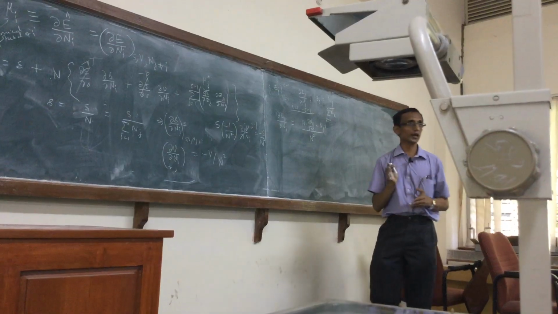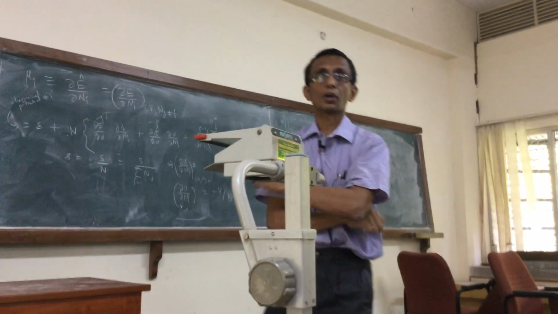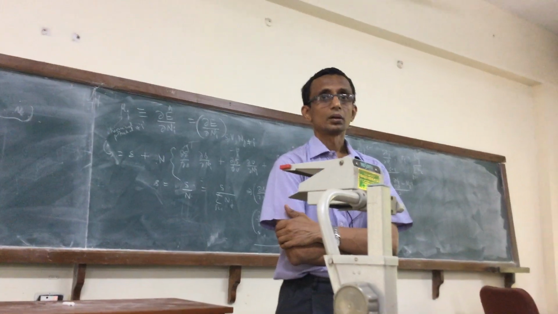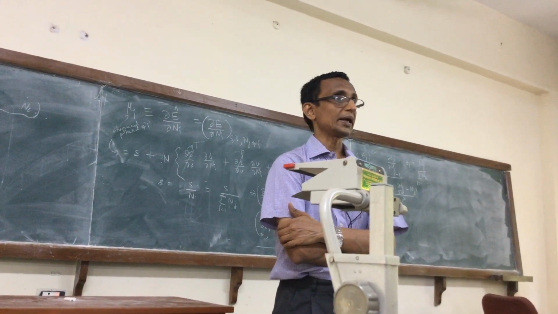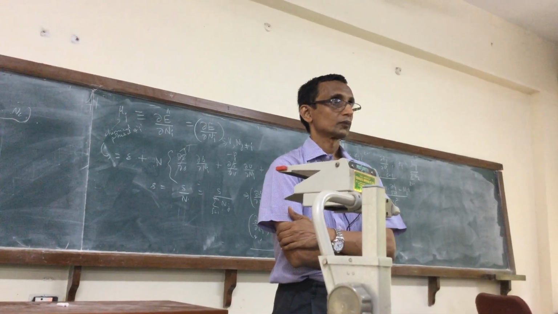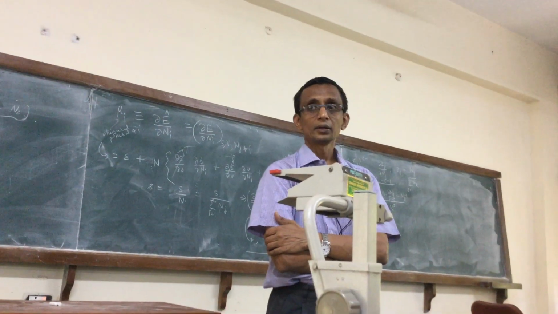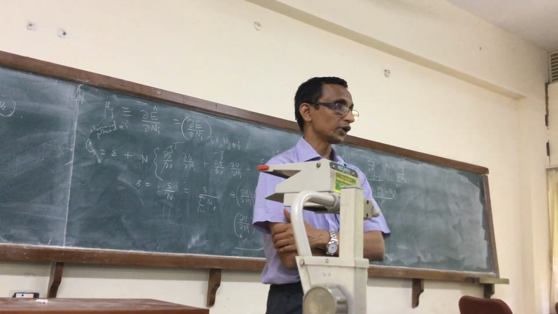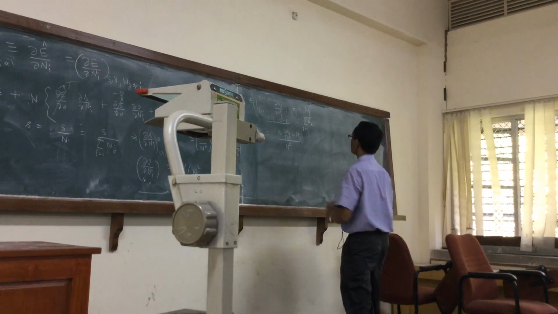So how do we write dNj by dNi? What is dNj by dNi? How do I represent that? If j is equal to I, it is 1. If j is not equal to I, then it is 0. So we use what is called the Kronecker delta to represent that.